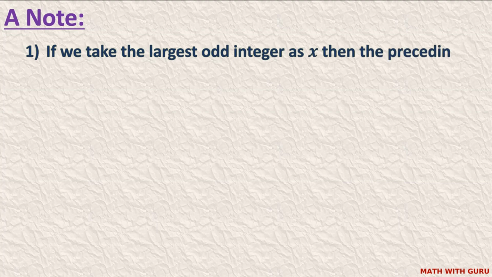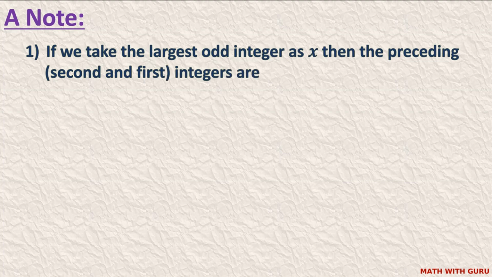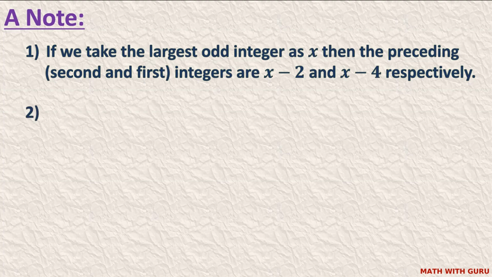A note: if we take the largest odd integer as x, then the preceding, the previous, second and first integers are x minus 2 and x minus 4 respectively. You can solve the equation in this way too.